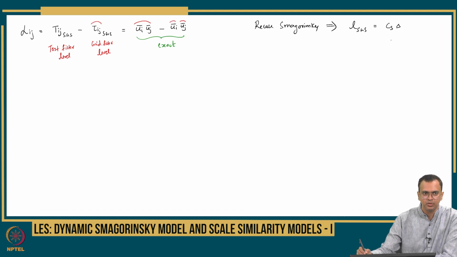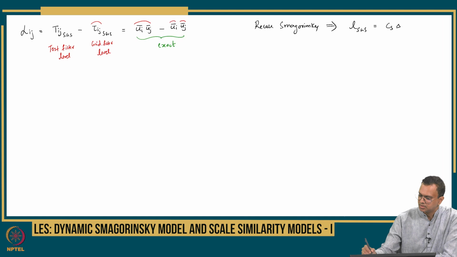So to compute nu SGS, I am using this length scale square followed by an inverse time scale, which was the square root of 2 Sij filtered. So the LSGS is the subgrid scale contribution, or the subgrid scale eddy. Obviously it has to be smaller than the delta. That means CS has to be less than 1, right? It has to be a fraction, right?